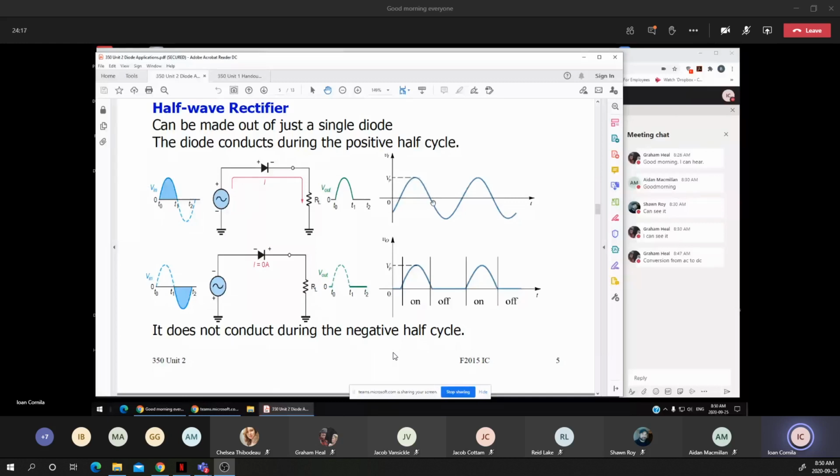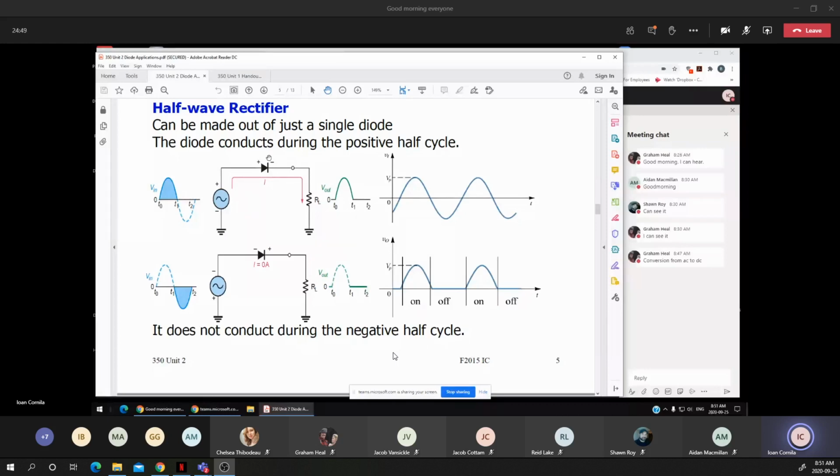The voltage is positive, the diode is forward biased and in the on state. The current flows through the circuit, through the RL, and there is an output voltage. That's the V out, the voltage across the resistance based on the diode being in the on state.